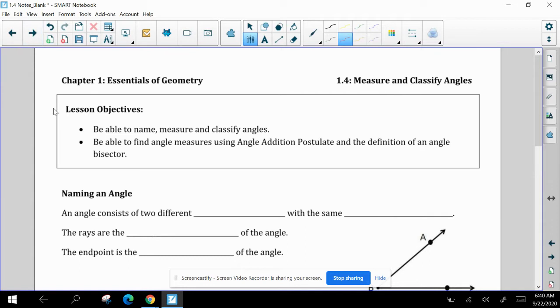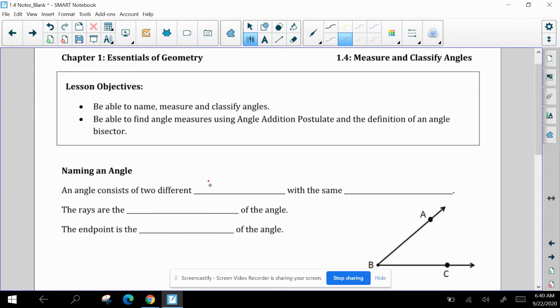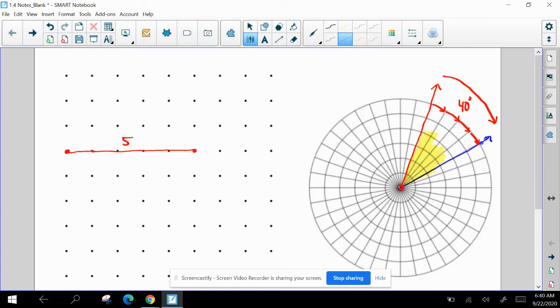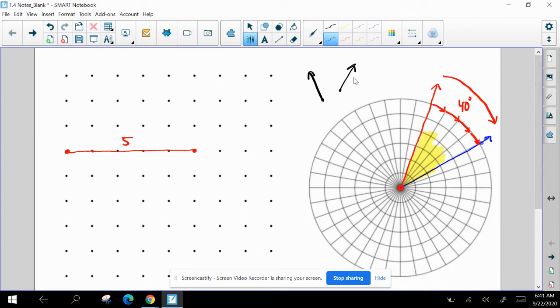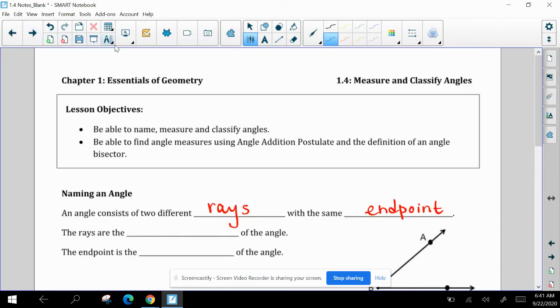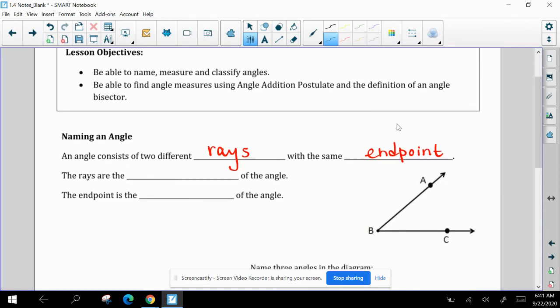So an angle consists of two different rays with the same endpoint. Let's pretend you had a ray and another ray that don't have a common endpoint. Then you wouldn't even have an angle, just two random rays. That's why it is important to have the same endpoint.